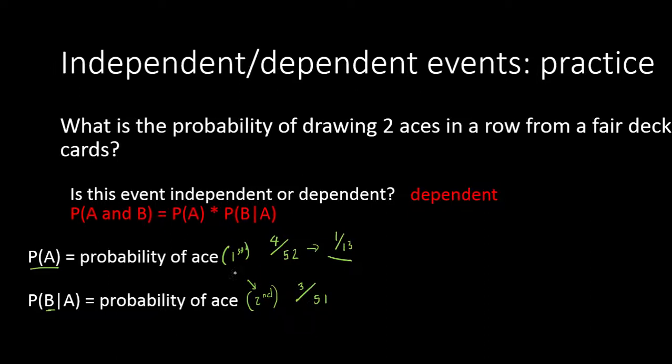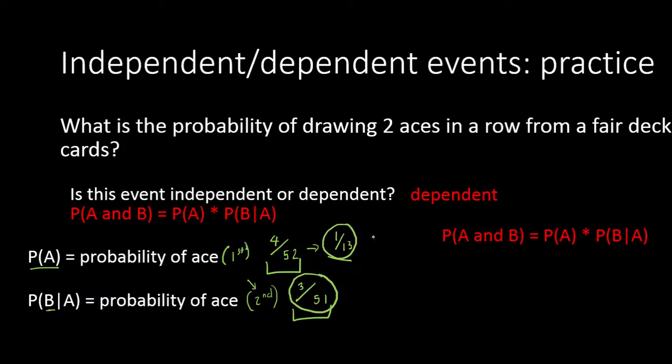So I've found the probability of getting an ace A and the probability of getting an ace B the second time, given that A has already happened. Now I need to multiply these probabilities together to find the probability of both happening. So the probability of getting an ace the first time and the probability of getting an ace the second time, given that I did get an ace the first time.